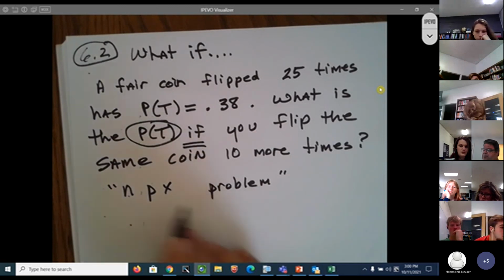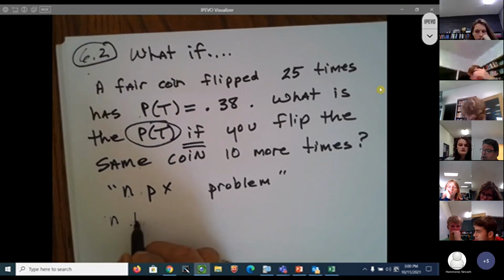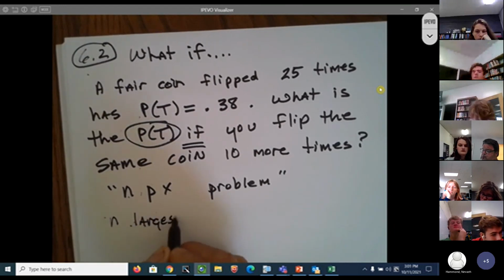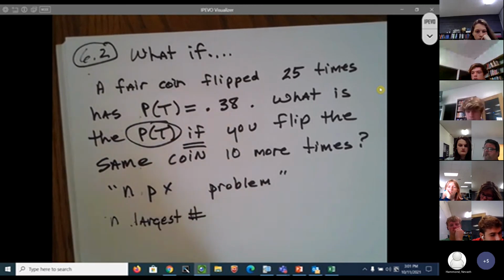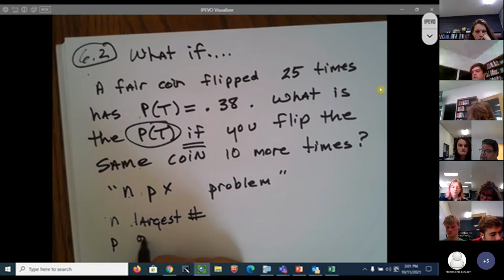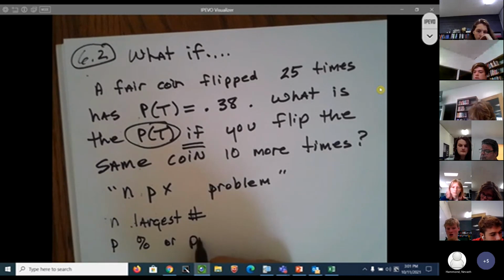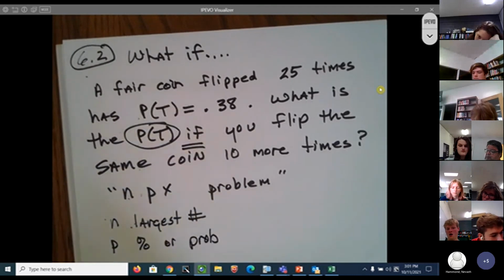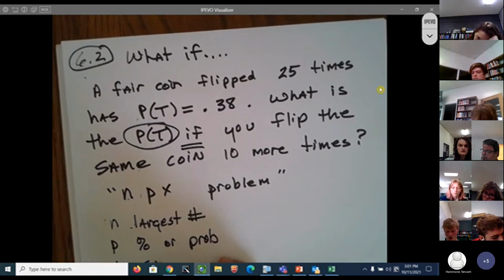So if you've got NPX, N is always going to be your largest number. Okay? P is always going to be a percent or a probability. And X is going to be your smallest number.